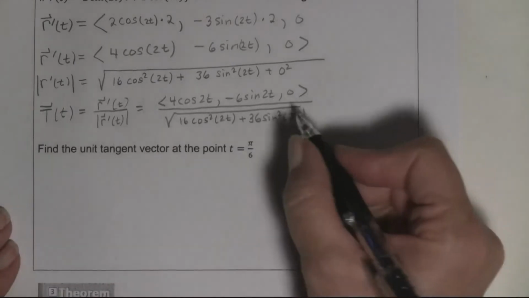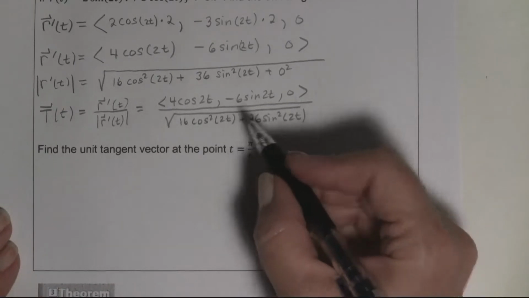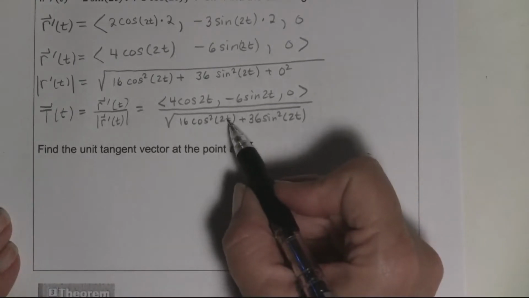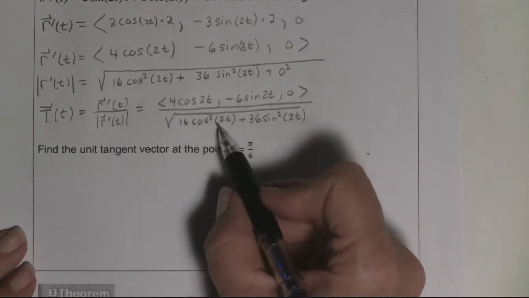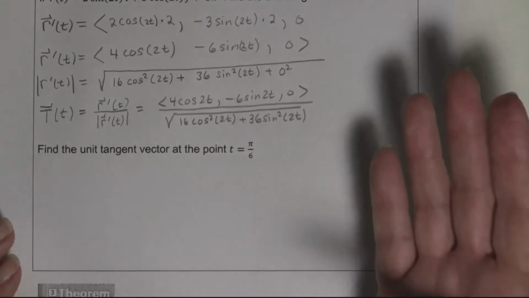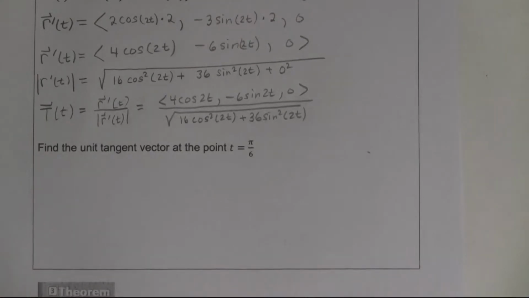Because this is going to make such a mess: I'm going to have my 2 times my pi over 6, and then I'm going to have the cosine of that, and then I'm going to have to square that. Then I'm going to have to multiply that by 16. I'm going to have to add it with a 36 and all of that. It's going to be a nightmare, I think.